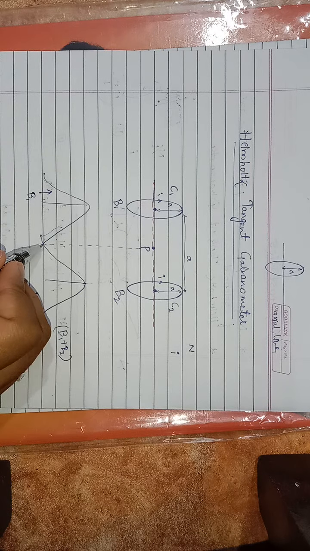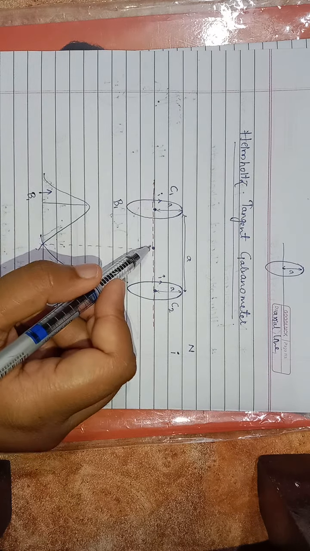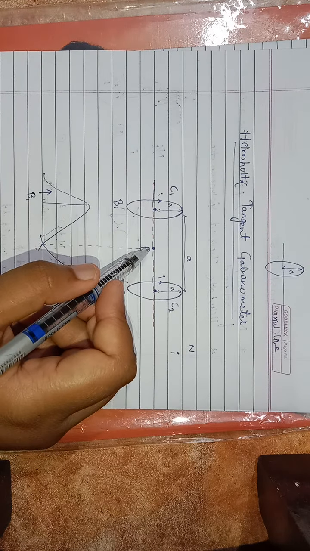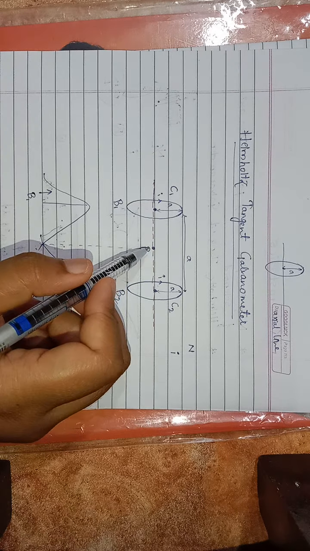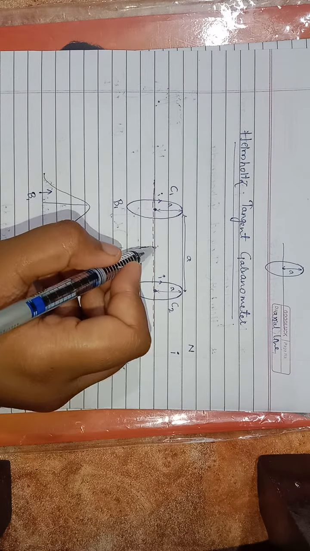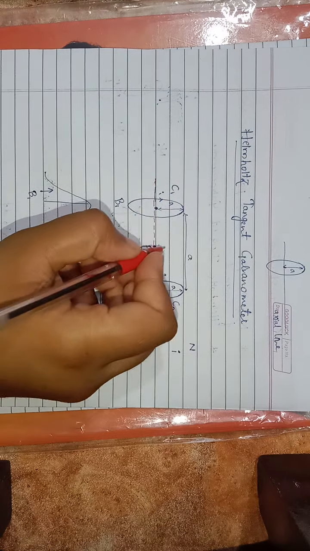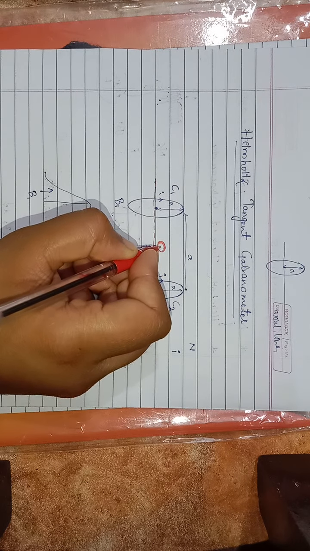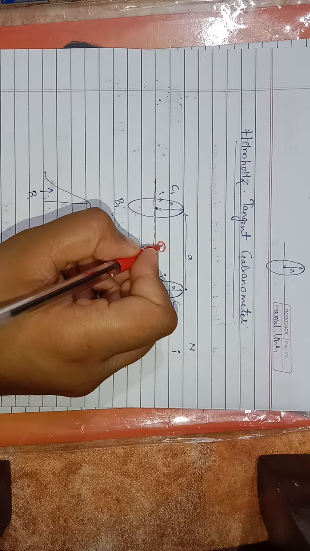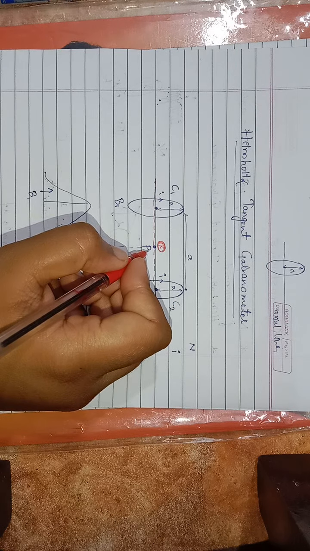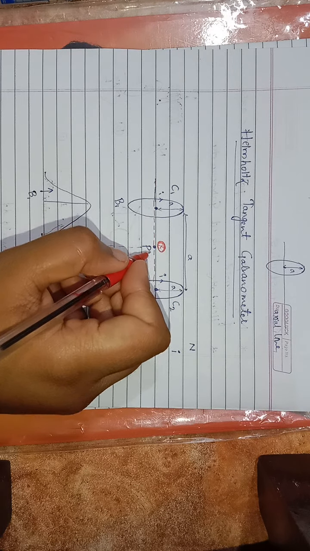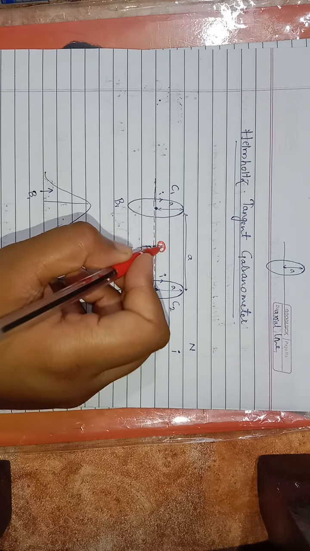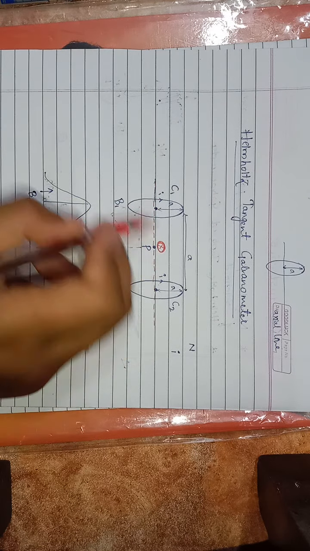So at this point, we can find the resultant field of B1 and B2. For that, at the point P, we will keep one compass box. One compass box is placed at P, midway between these two coils.